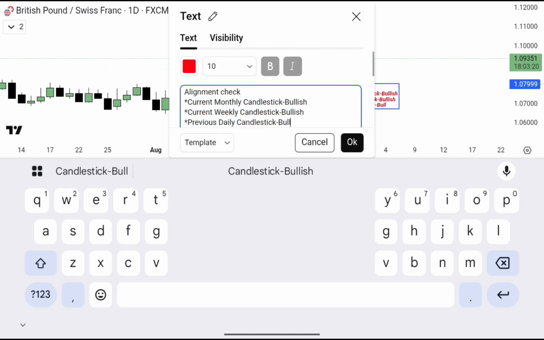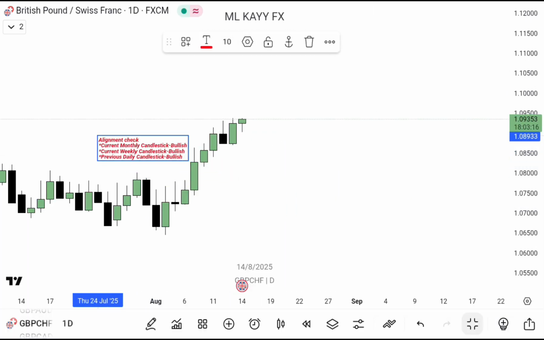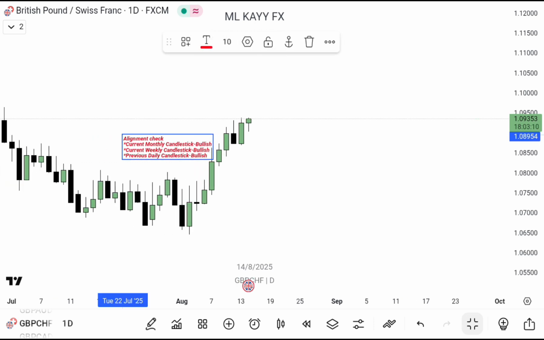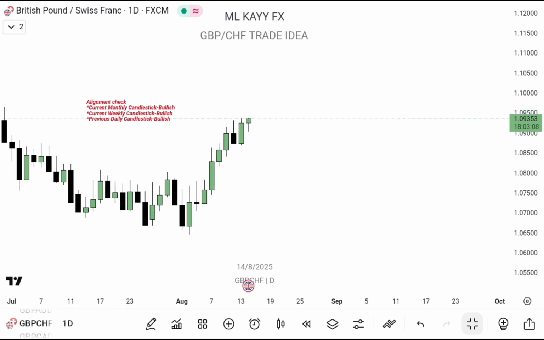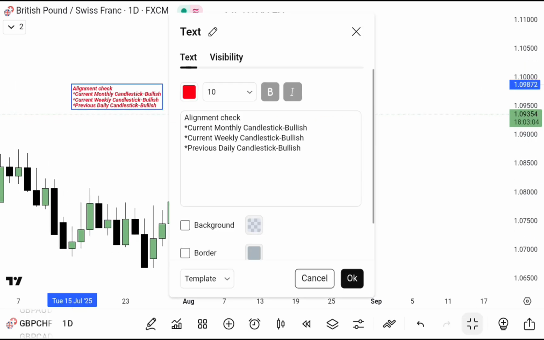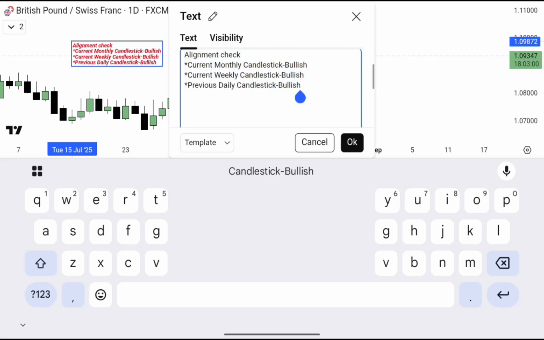So we're going to mark out our equilibrium lines, right? Equilibrium line 1 and equilibrium line 2. EQ1 being the open of the previous day and EQ2 being the open of the current day, right? So yes, let's get into it.